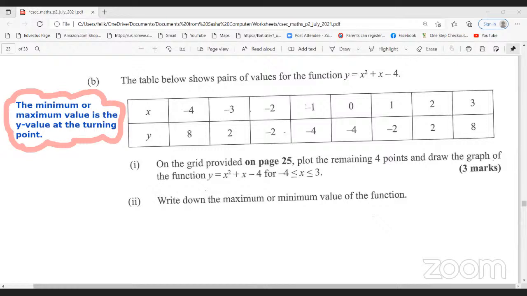Ready, Dejana? Almost finished? Miss, I finished that part of the question and I think my answer for B2. So where's the graph? Miss, I don't have graph paper.